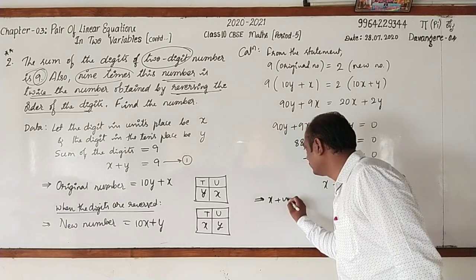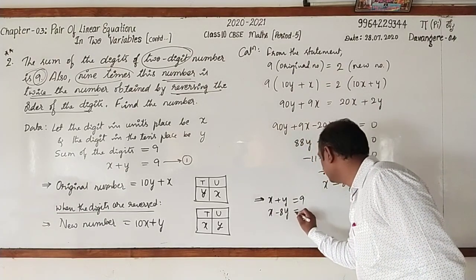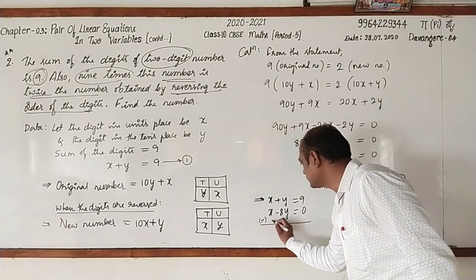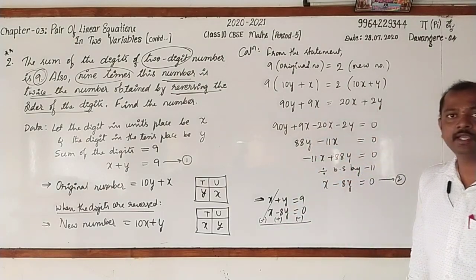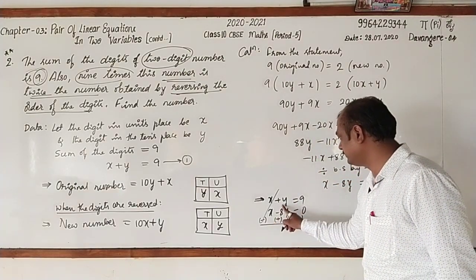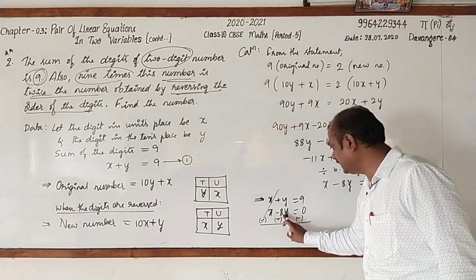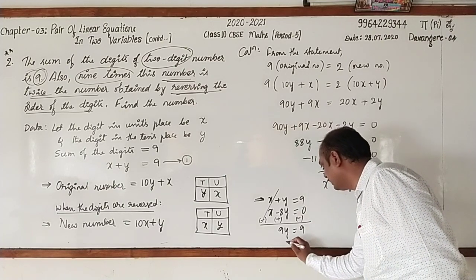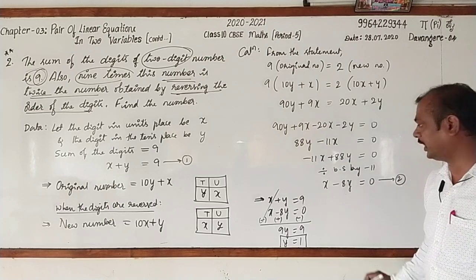Here x plus y equal to 9 and x minus 8y is equal to 0. Change the sign: minus, plus, here minus. x minus x get cancelled. Then here y plus 8y is 9y. This is equal to 9 minus 0, 9. y equal to 9 by 9 is 1.